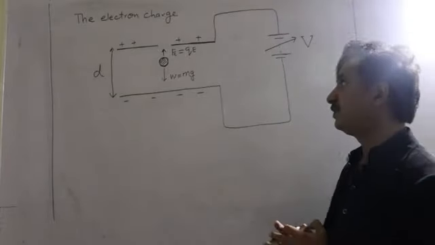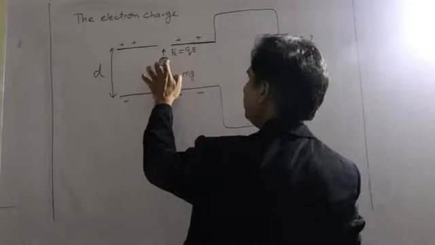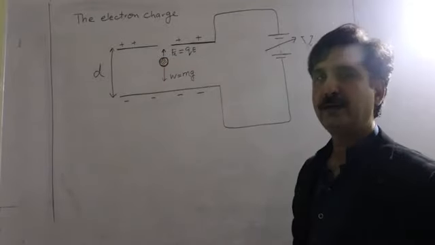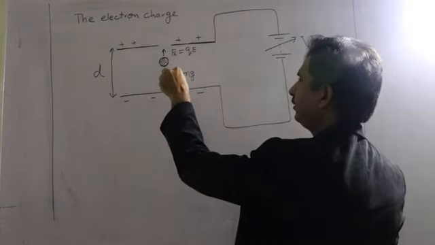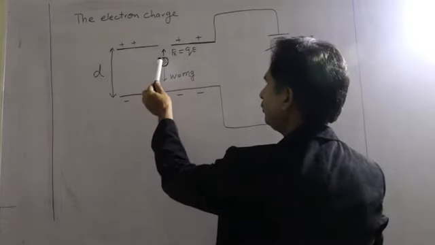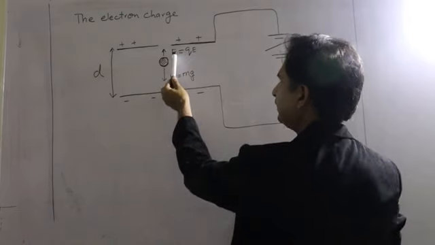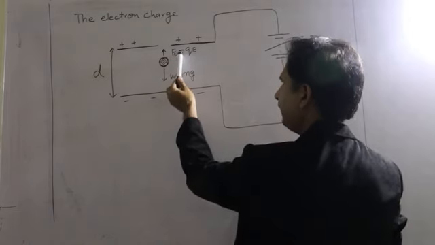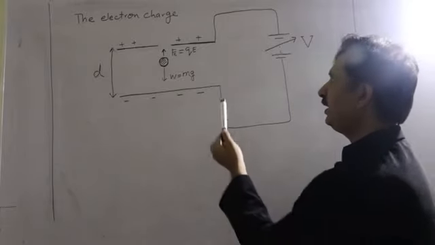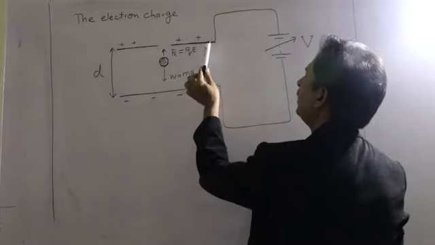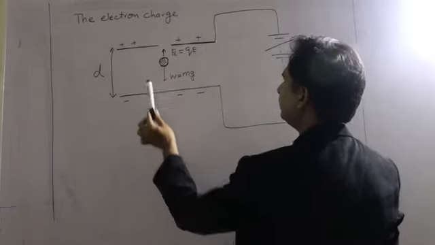Now, as an observer, we will keep an eye on this droplet. It is going downward due to its weight. So we will try to stop it by increasing the upward force F equal to QE. How can we increase QE? By changing the electric field strength.